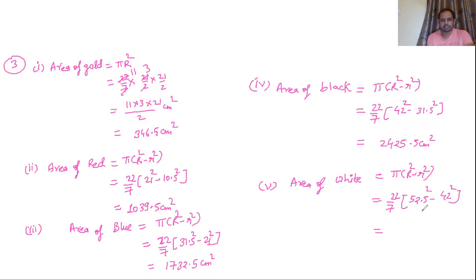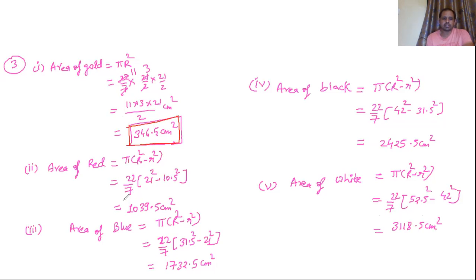So this can be written as 3118.5 centimeter square. Okay, therefore the area of first part, area of gold is nothing but it is 346.5.